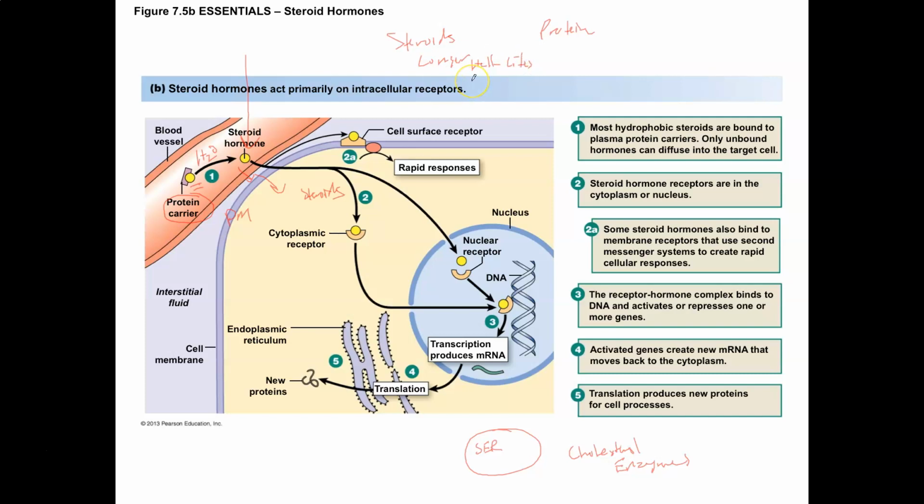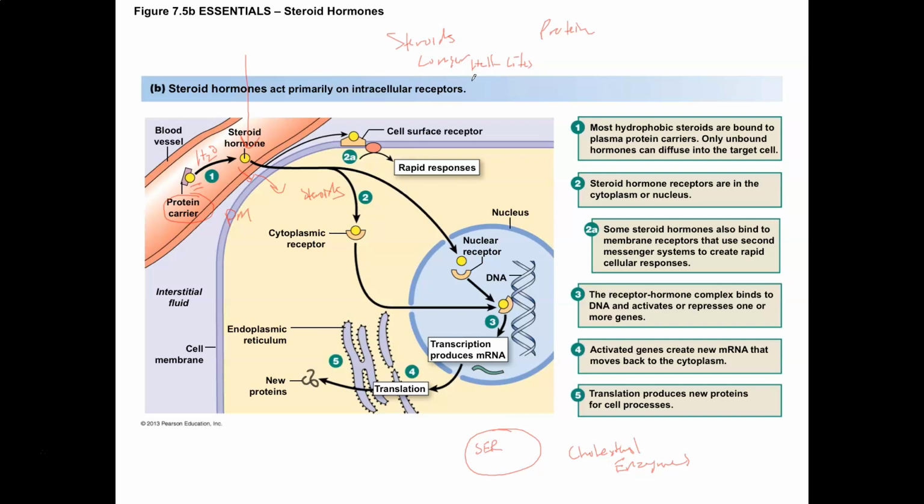That means that they last longer within the blood. And again, that's because those carrier proteins are actually protecting against enzymatic degradation. So you might see something like cortisol that has a 60 to 90 minute half-life, whereas something like insulin will have a much shorter half-life in the blood.